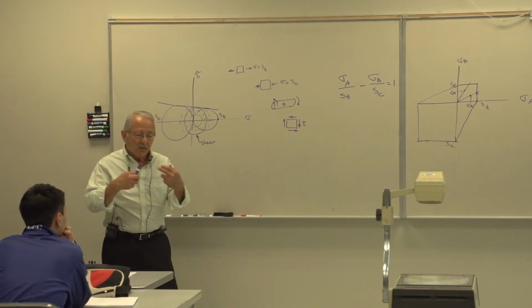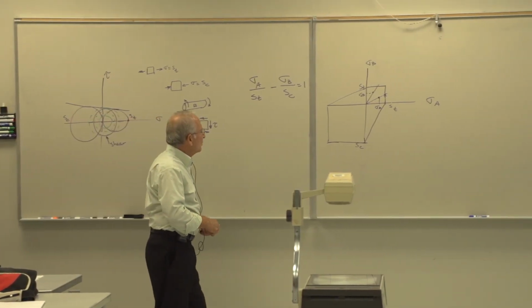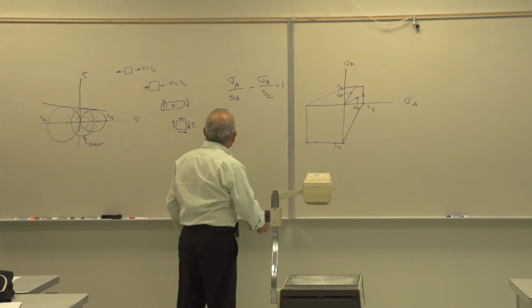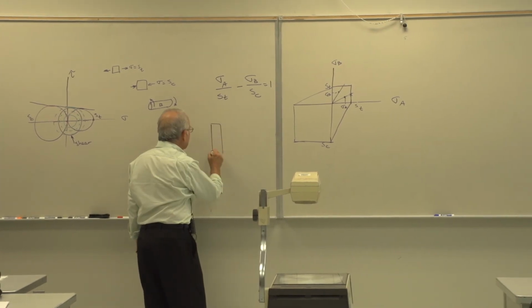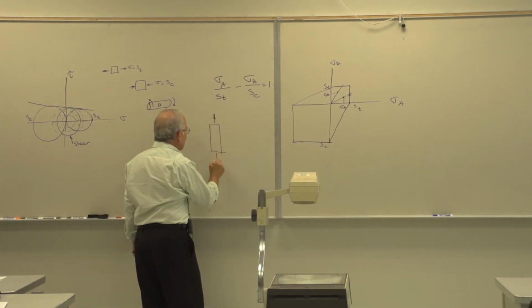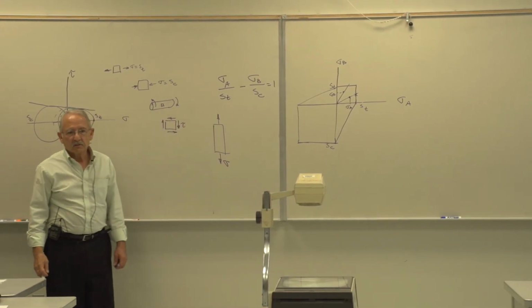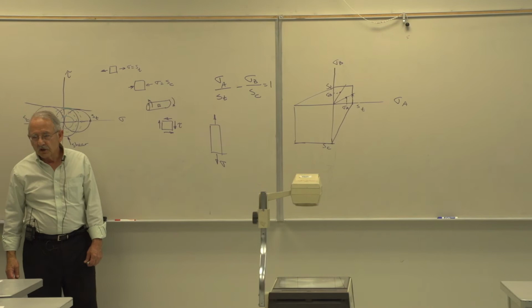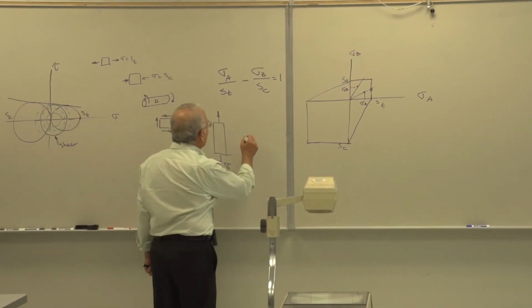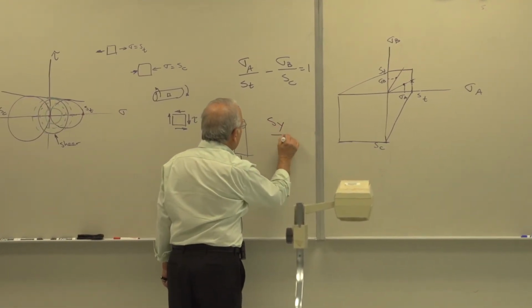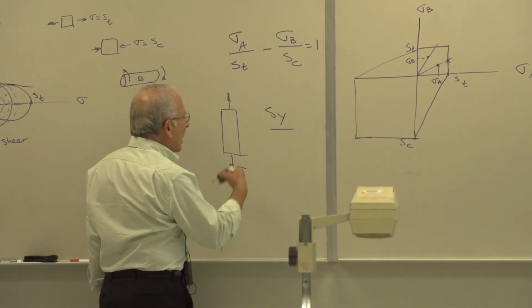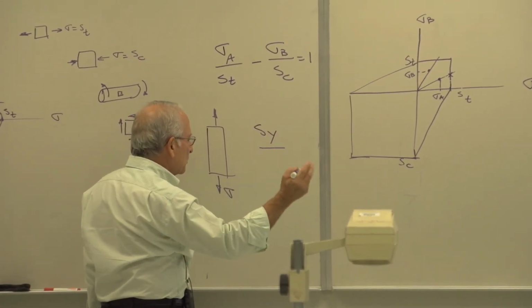Okay, we go back to 218. Simple linear stress. The material has a strength Sy. I would like to have a factor of safety of 2.